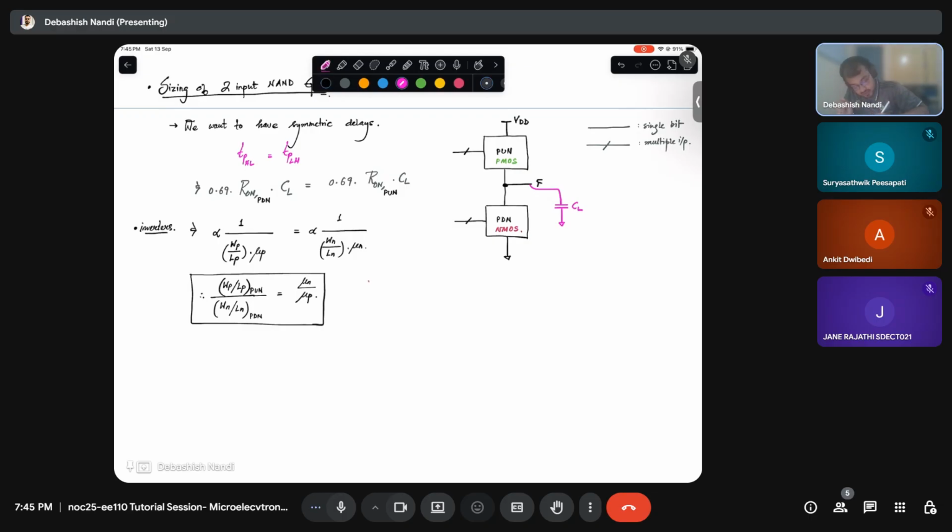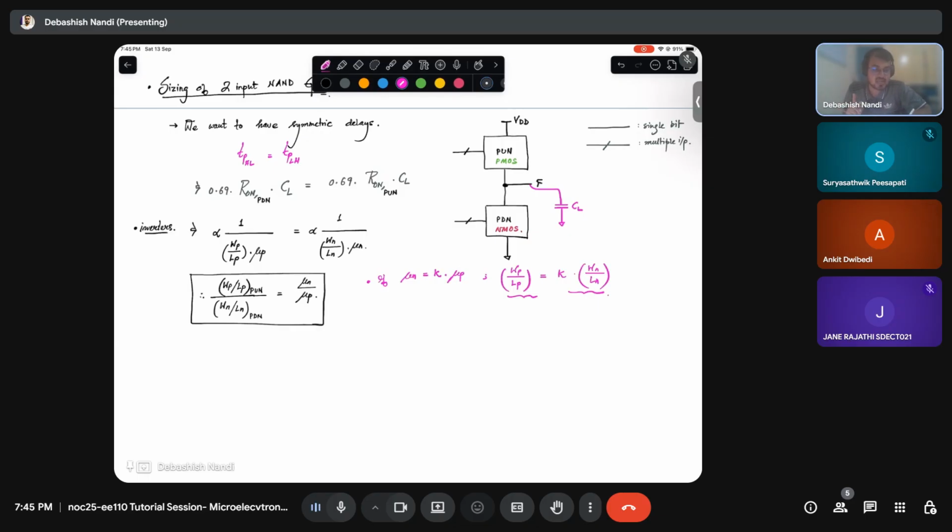So that means if mu N is equal to K times that of mu P, I have to make my PMOS transistors K times that of WN by LN.